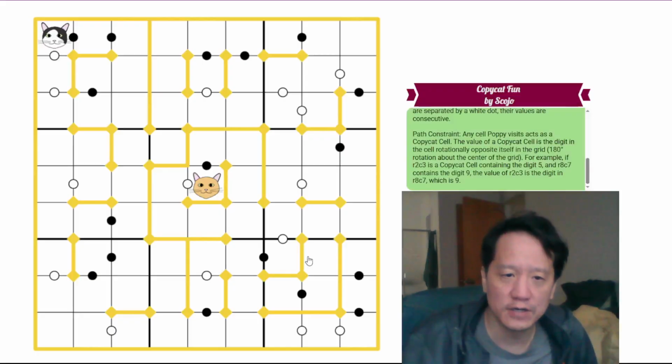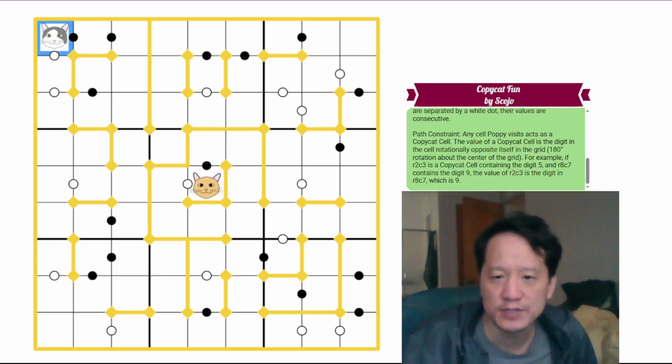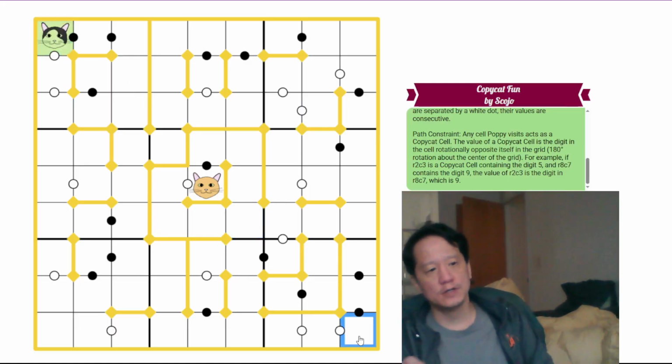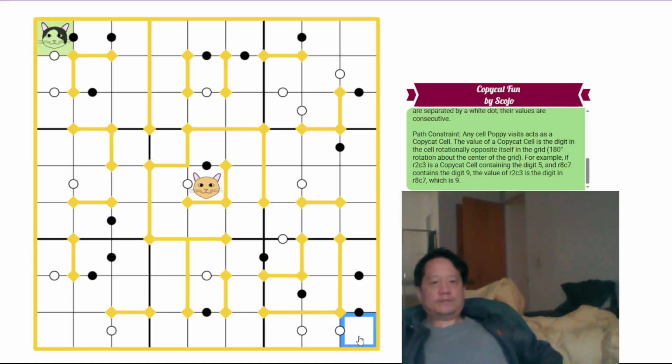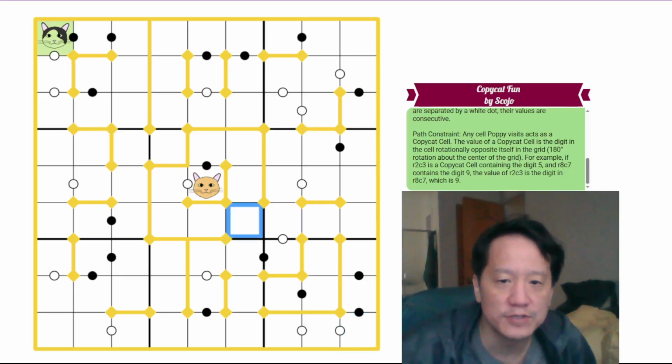Let's go. Okay. So the interesting thing is Poppy has to take either this route or this route. Well, this one is definitely here. So this is the value of whatever digit is here. Poppy has to come in through this cell, so this cell is also on the path.